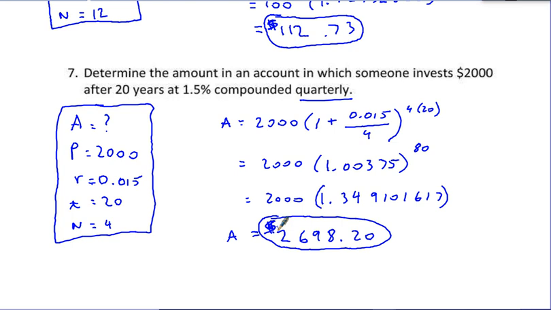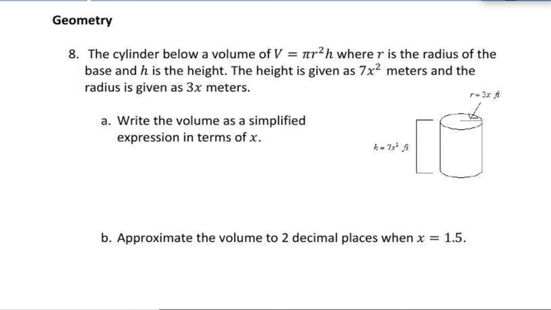The next set of examples we're going to look at are some geometry problems. In the first geometry question here, we're going to look at a cylinder, particularly its volume. And I've given that formula to you here, so you don't need to remember that from the past.